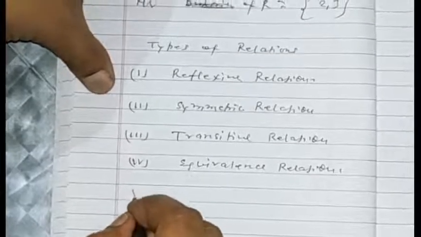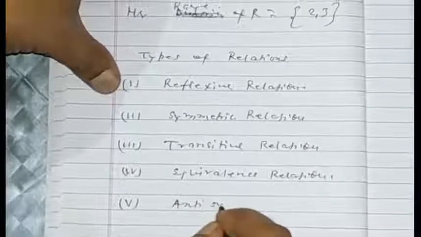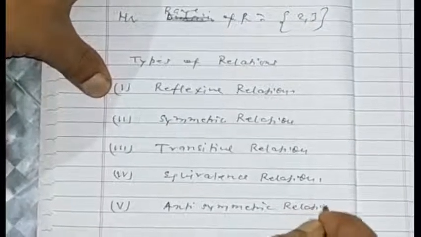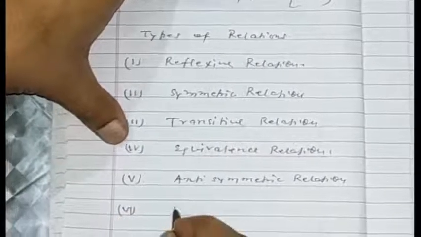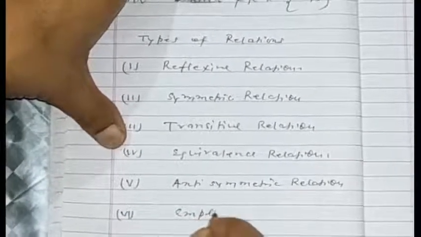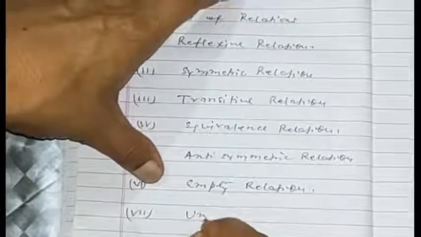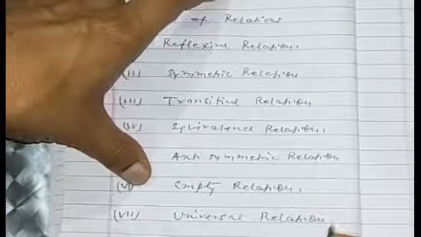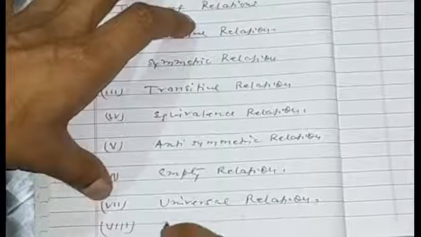Another type of relation is also here, antisymmetric. Sixth, empty relation. Seventh, universal relation. And last is identity relation.